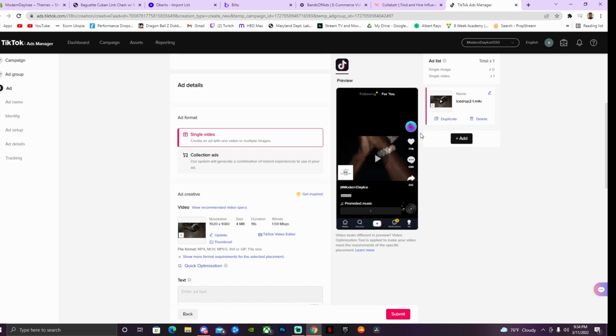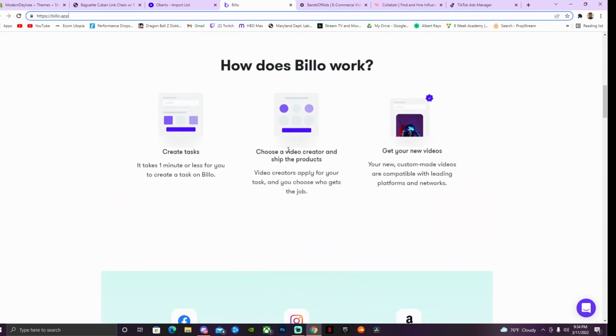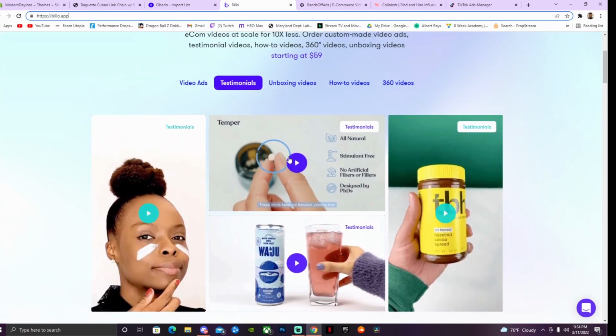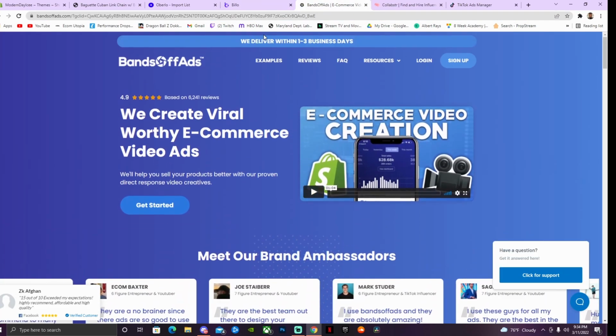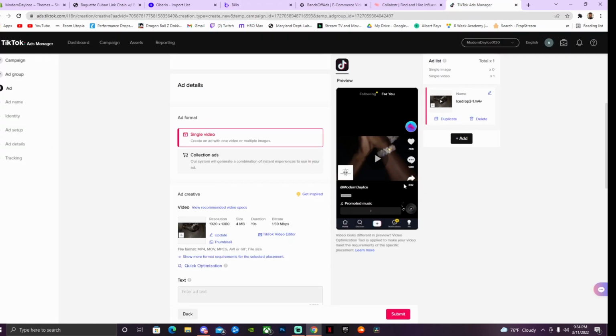This is 9:16 format. You want to make sure your ad is taking up all of the screen. And when it comes to sending your product out to content creators, you want to make sure they understand they have to shoot in 9:16. They usually understand it because they already make videos for TikTok and Facebook, but you want to confirm it with them before they start creating your videos.